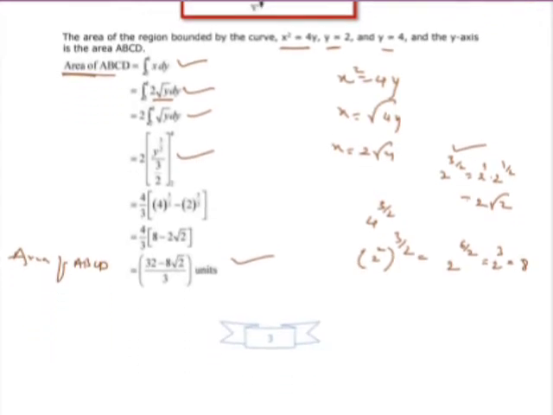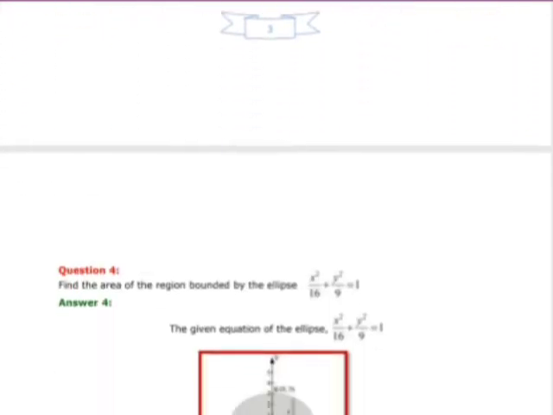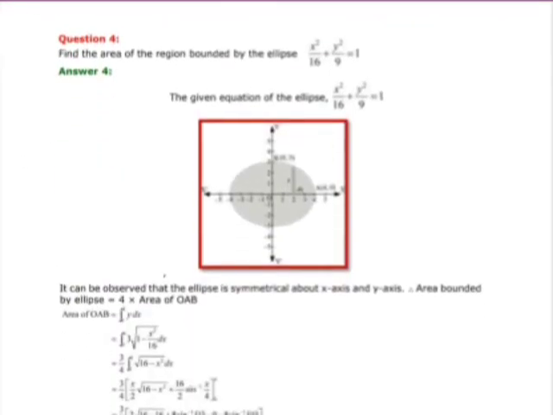Next, example number 4. Find the area of the region bounded by the ellipse. They are saying ellipse directly: x square by 16 plus y square by 9 equals 1, right?